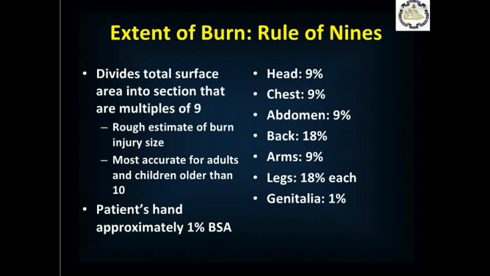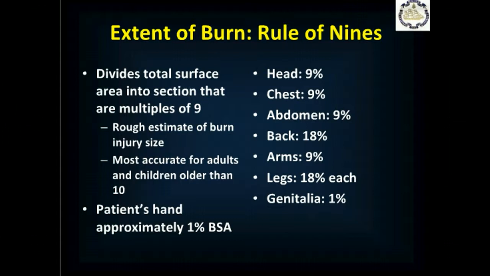It starts with the assumption that a patient's hand is approximately 1% of their body surface area, so the palm and fingers. So any burn that you can cover with a palm and finger, each one of those is 1% body surface area. And if you look at that, you come up with these general rule of 9%.